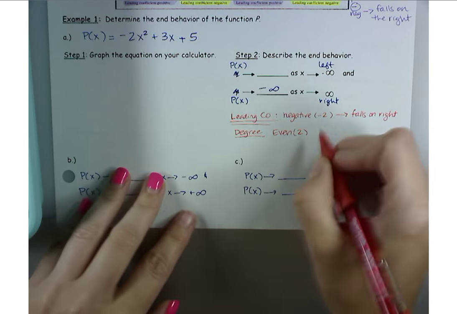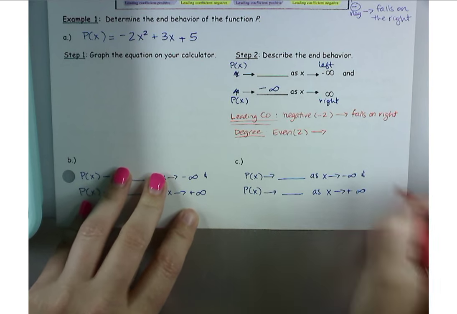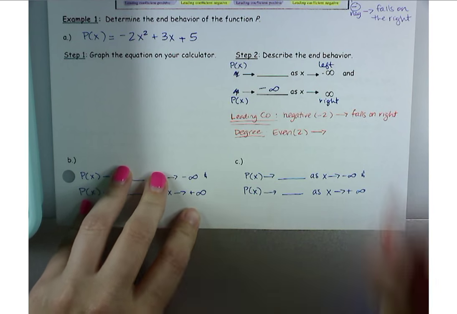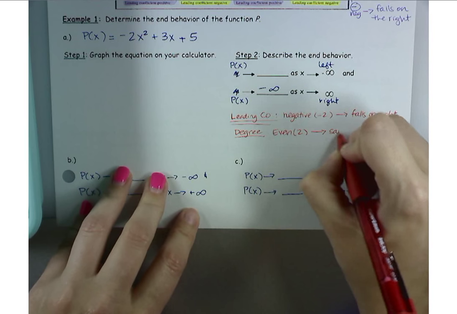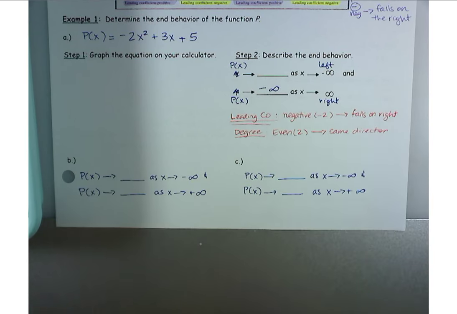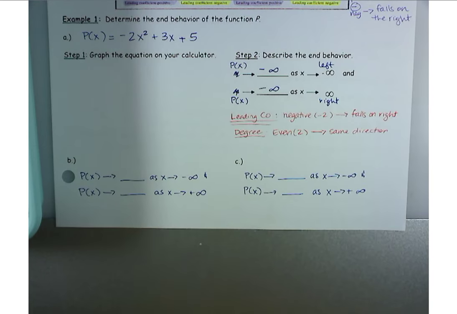All right, so then if it's even, Cameron, what do we know? Oh, the ends go in the same direction. Yep, good. So that means if it fell on the right side, it's also going to fall on the left side. Okay, so it would be p of x goes to negative infinity as x goes to negative infinity, and p of x goes to negative infinity as x goes to positive infinity.